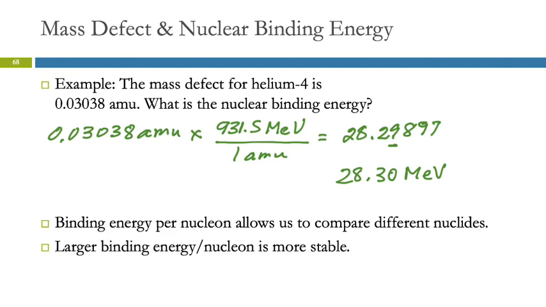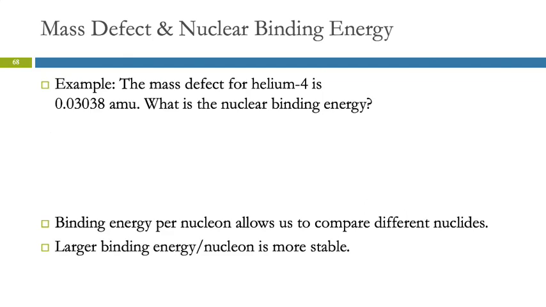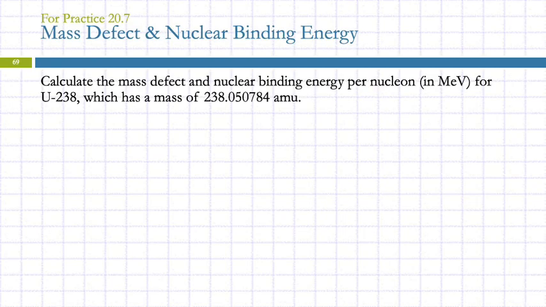So per nucleon means you're going to take the binding energy for that nuclide and divide it by the number of nucleons, which happens to be the mass number, right? And then you can compare different nuclides, and if you have a larger binding energy per nucleon, it's more stable than if it has a smaller one. Okay. Calculate this mass defect.